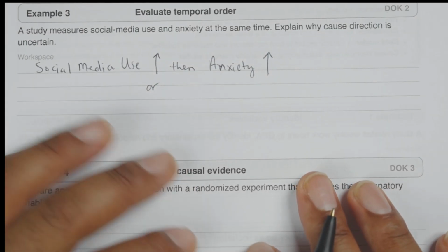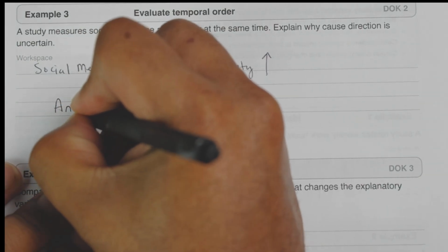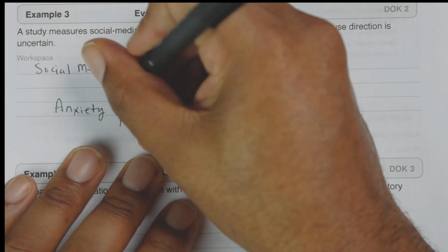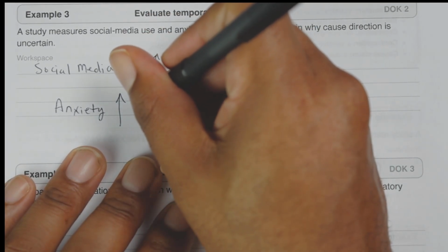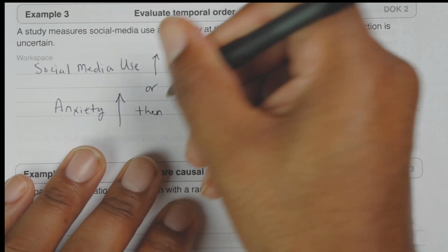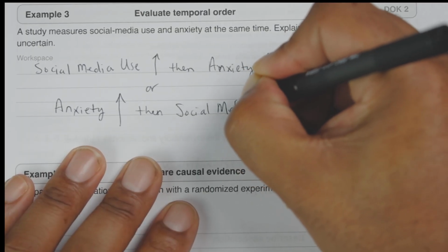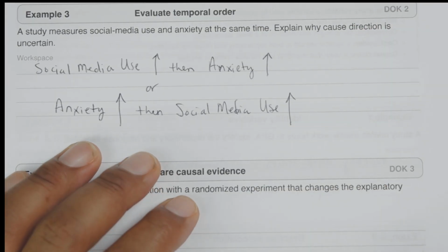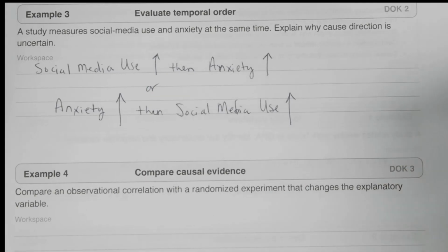Or it could also be that the anxiety that we have is up, and then social media use is also up. So if two variables are measured at the same time, the direction of cause and effect really may be uncertain, right?